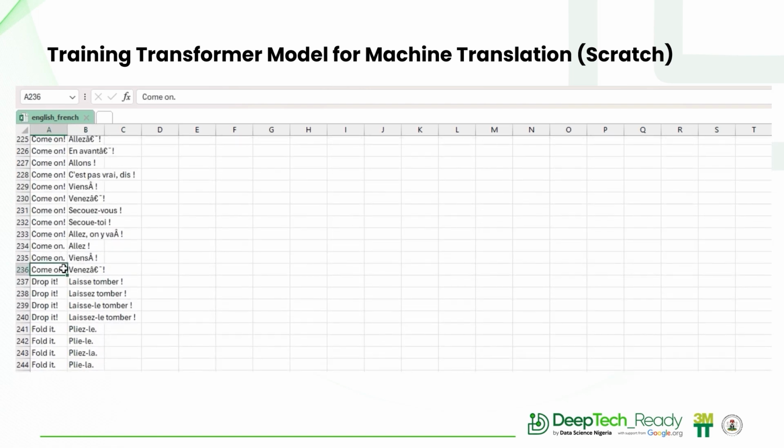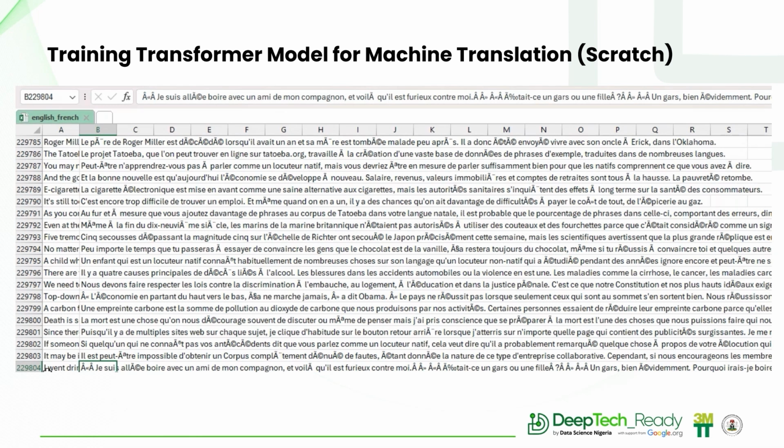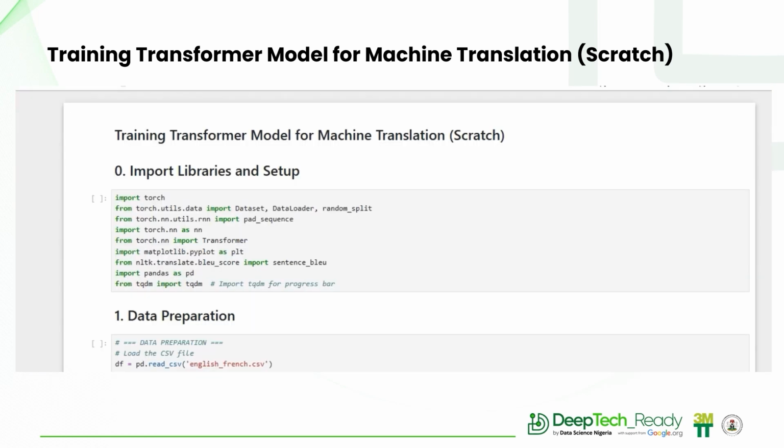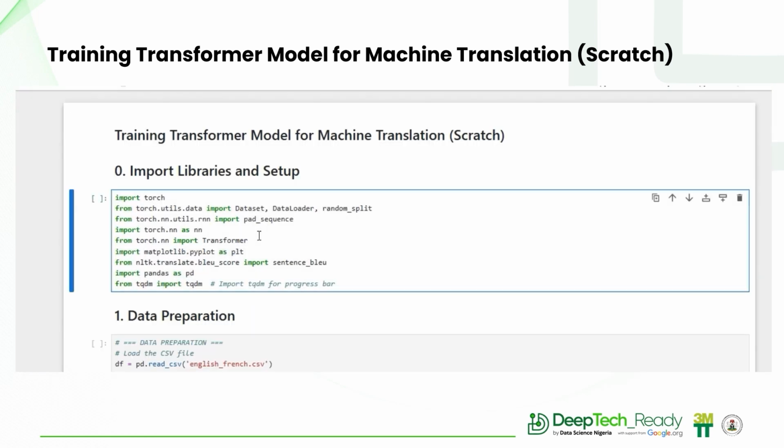And let's see the end of the data. It's about 229,800 and something, so it's a very huge dataset. So the first thing we do, of course, is to start by importing our libraries. We import all the necessary libraries.